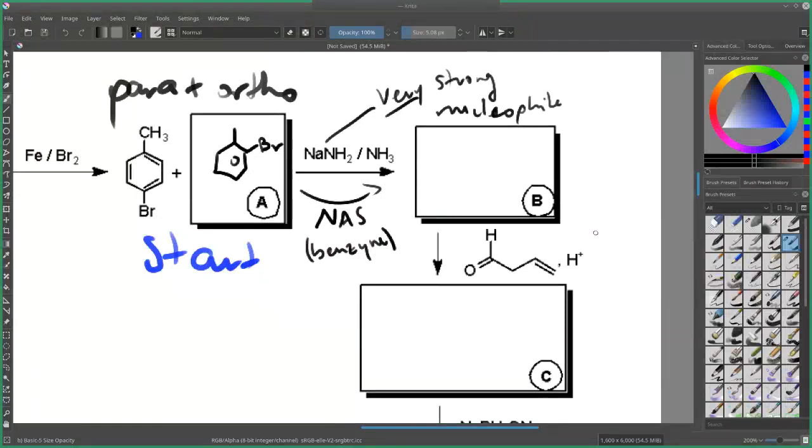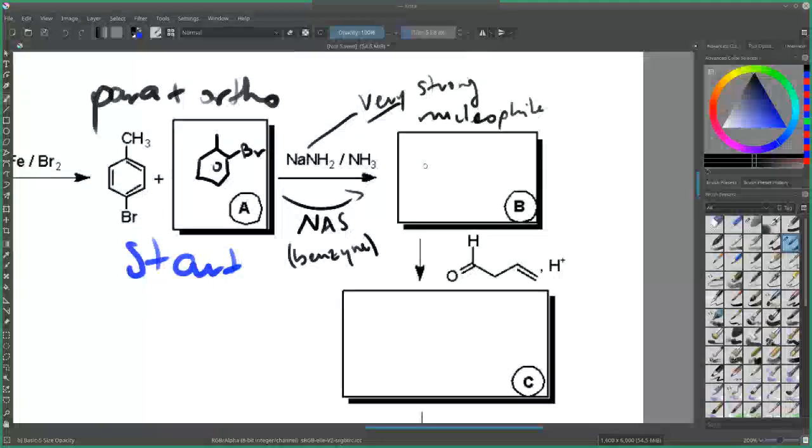So there's no really strong withdrawing things on this ring. So that means that it's going to go by benzyne, okay? Because normally if there's something that's really strongly withdrawing, then that sodium amide could easily just hop on there. But because there's not, you have to do benzyne instead, which is a real pain, and it's got a real nasty mechanism, but that's the reaction that's going to happen here.